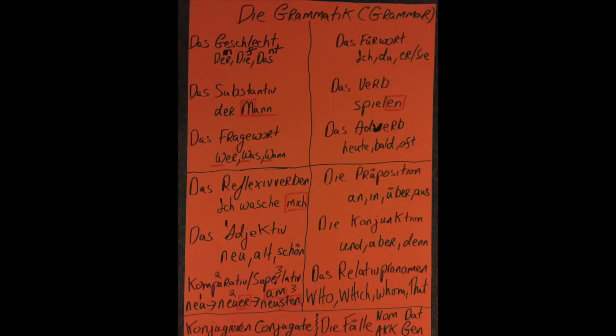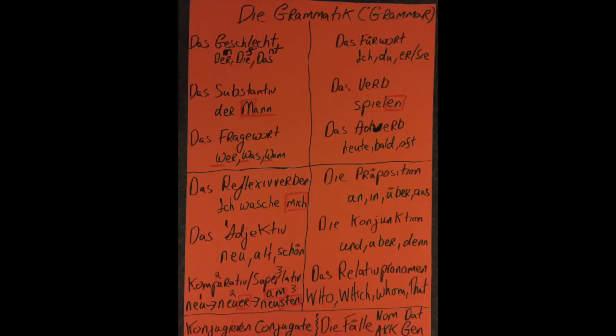When you get on to more advanced German, you'll be doing das Relativpronomen, which are like who, which, whom, or that, and there are various declensions or changes depending on the case it goes into in German. So again, don't focus too heavily on that one.